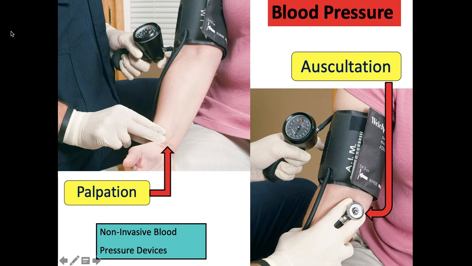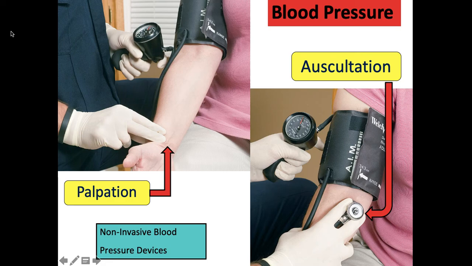Now auscultation is by listening, and you're going through the same process, but now you're taking the diaphragm of your scope and placing it over the brachial artery, as we described earlier. You're going to pump the cuff up until you go all the way up to like 160. It's a good place to start for just training purposes.